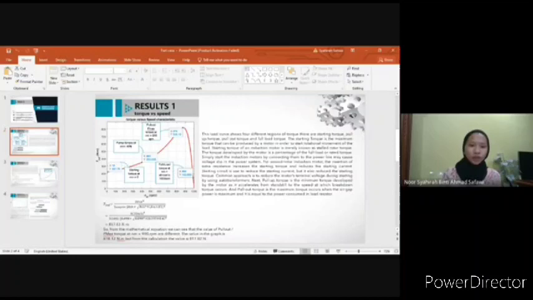So for the mathematical equation, the induced torque we get is 817.02 Nm.